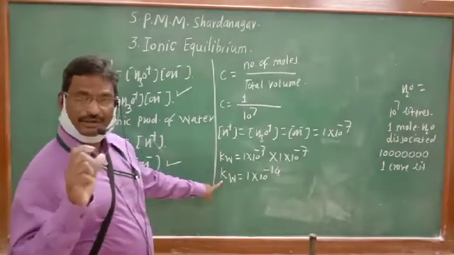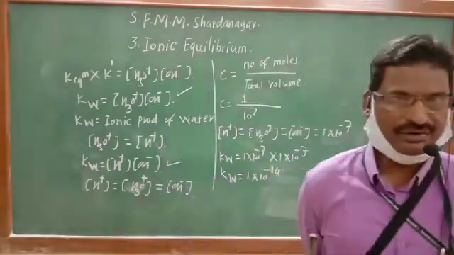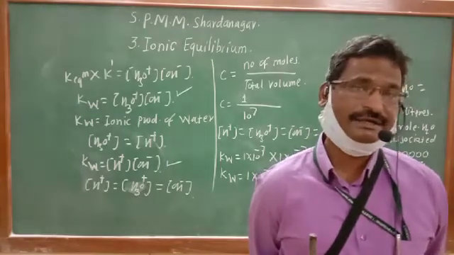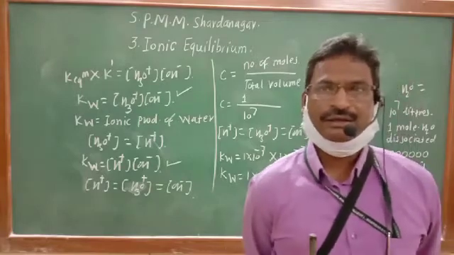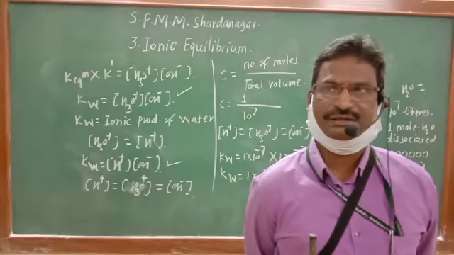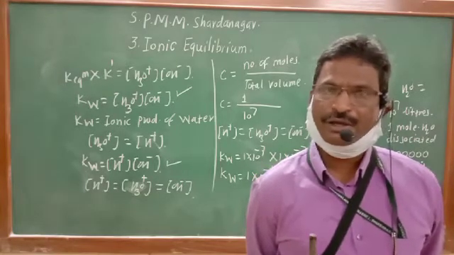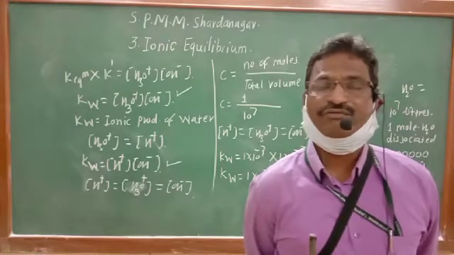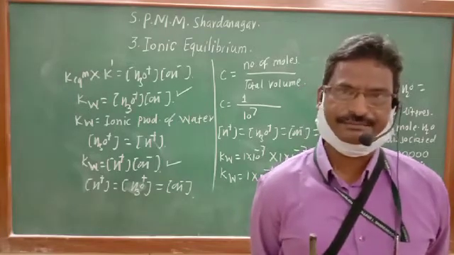So, water is a very weak electrolyte. We have studied two types of electrolytes, strong electrolytes and weak electrolytes. The substances which undergo complete dissociation are known as strong electrolytes, whereas the substances which undergo incomplete dissociation are known as weak electrolytes.